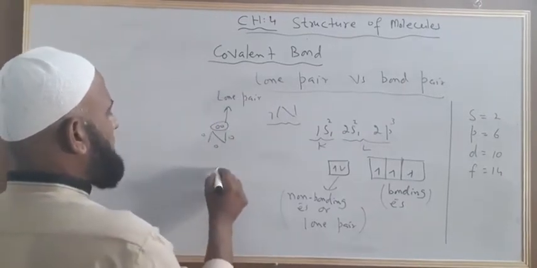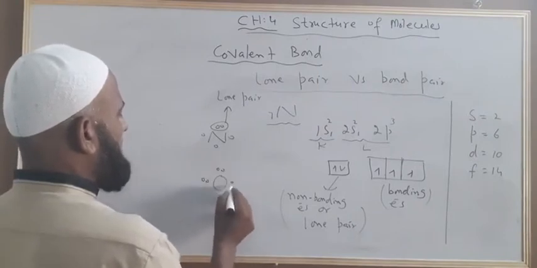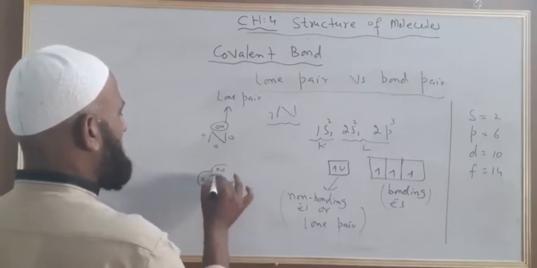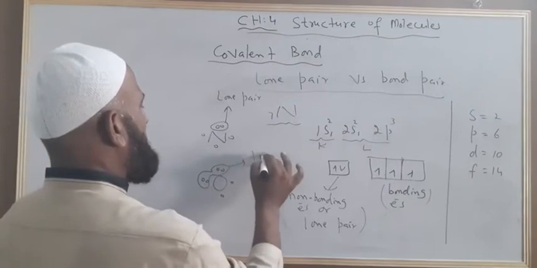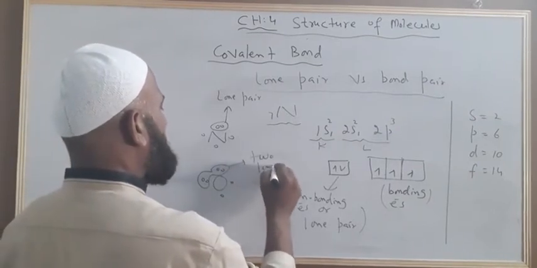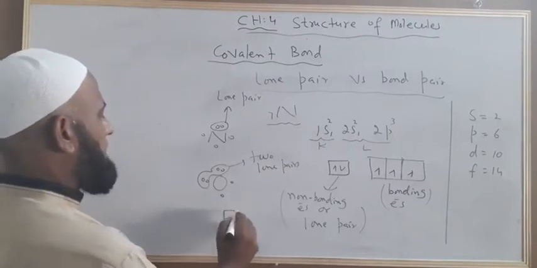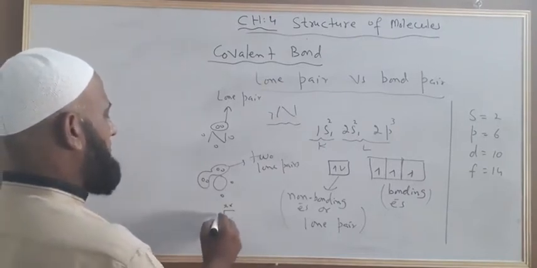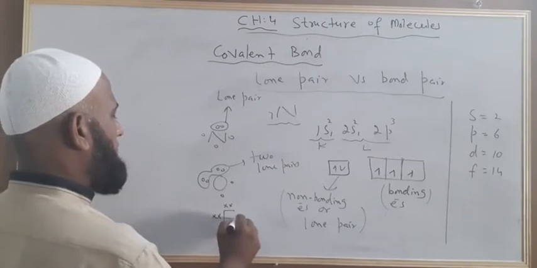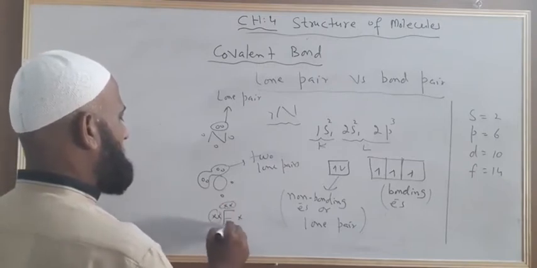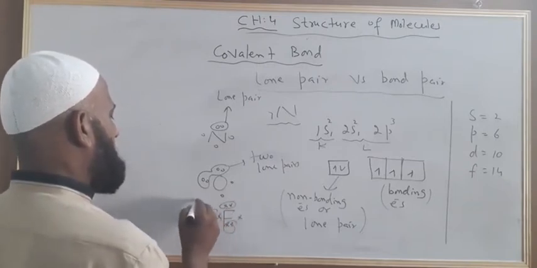And in case of oxygen we have 2 lone pairs. And in case of fluorine, since there are 7 electrons, we would have 3 lone pairs: 1, 2 and 3.